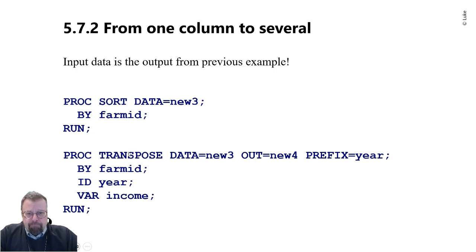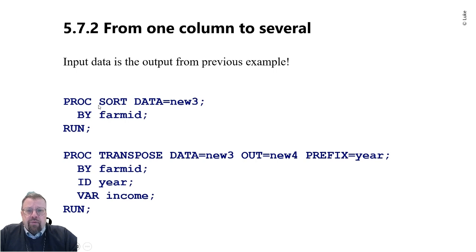And first of all, the main rule in SAS is that if we have a by statement in some procedure, we first have to sort the data by the same variable.